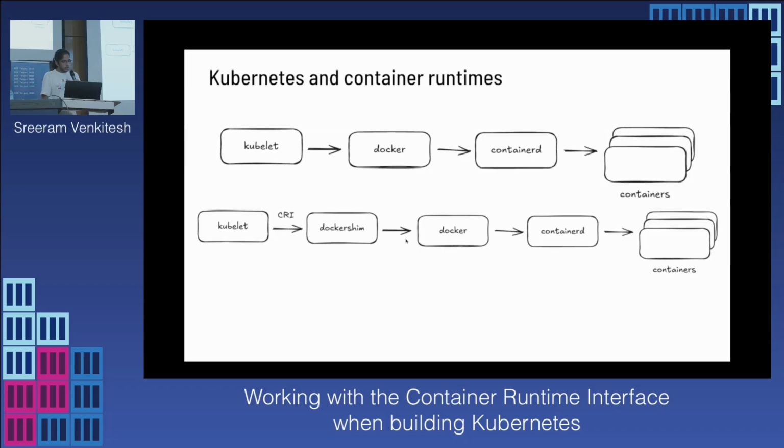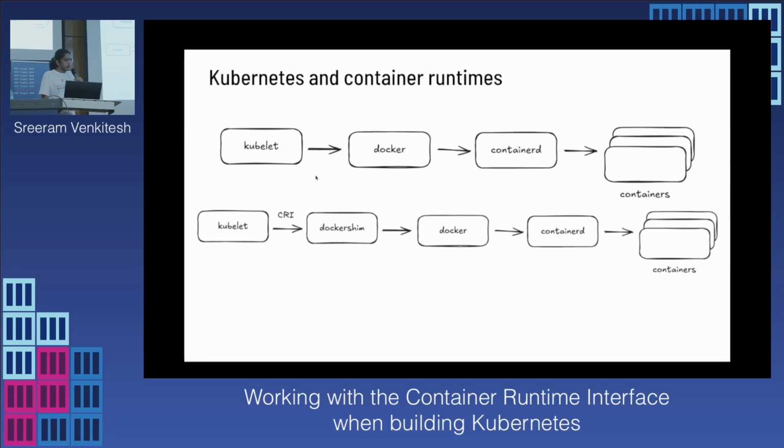So this is how it looked after the CRI was implemented. All the logic specific to Docker that was hard-coded in kubelet was extracted to a new component called dockershim, and dockershim was compliant with CRI.